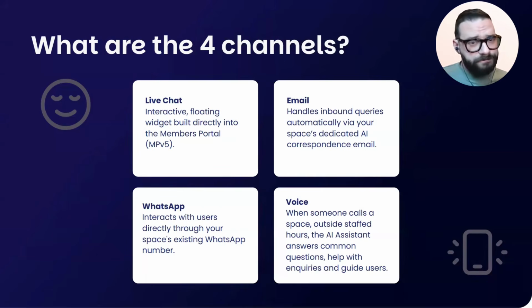Via WhatsApp, so if your users want to message your space's WhatsApp number, they can get replies from the AI assistant. And lastly, our newest addition, which is the voice channel. When someone calls a space, especially outside of staffed hours, the AI assistant is able to answer common questions, help with inquiries, and guide your users.